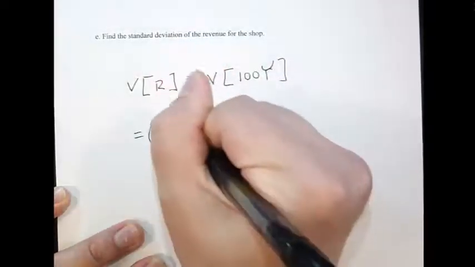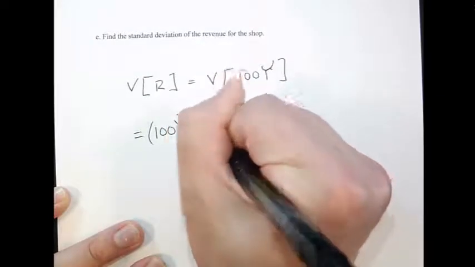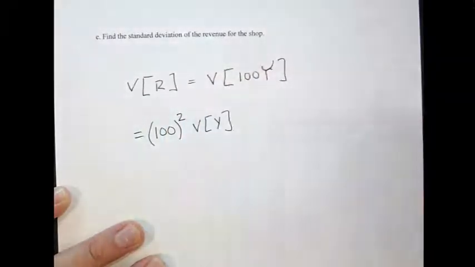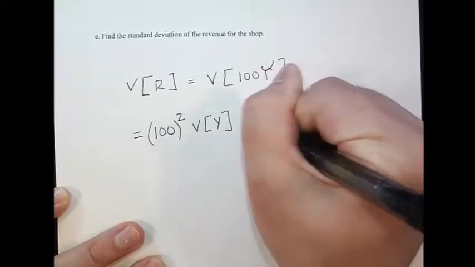You have to pull that 100 out and square it, because everything with variance is squared. It is what's known as a bilinear operator, which means it reacts different than all the algebra you've ever done in your life, and it has to be treated specially.